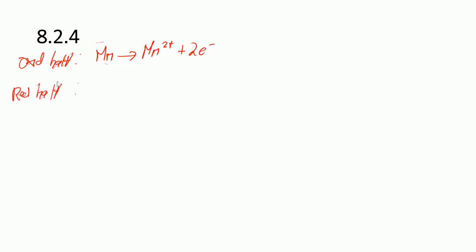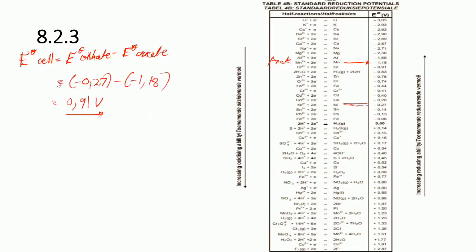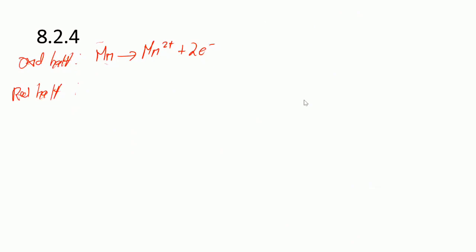Now let's do the reduction half. For the reduction half, our cathode is the nickel. Since it's undergoing reduction, we simply write it as it appears here. You don't change anything for the reduction half. So it's Ni2+ plus 2e, which gives you Ni.